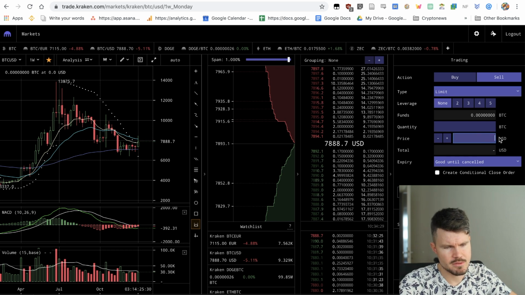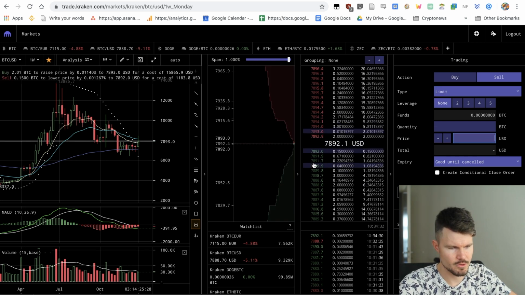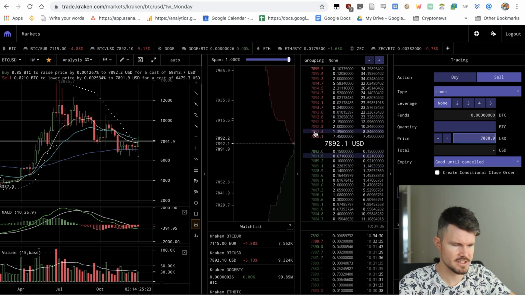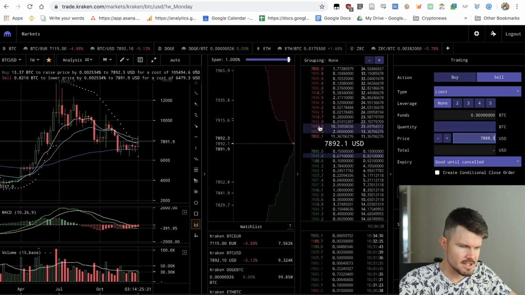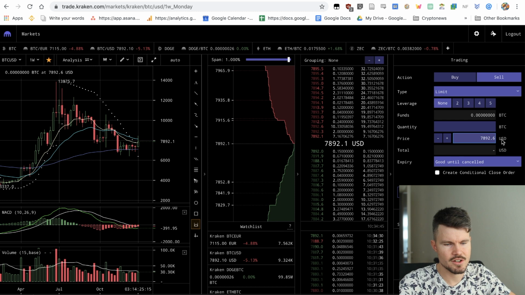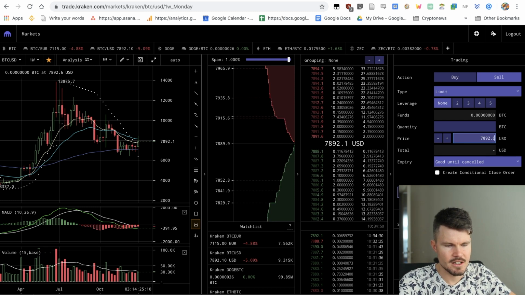So instead of typing the price in here, you can also click on one of these numbers and it will take that price. For example, you want to sell at $7,892 US, you can click on here and it will put that price on the right hand side of the screen, and then you can sell or buy depending on what you want to do.